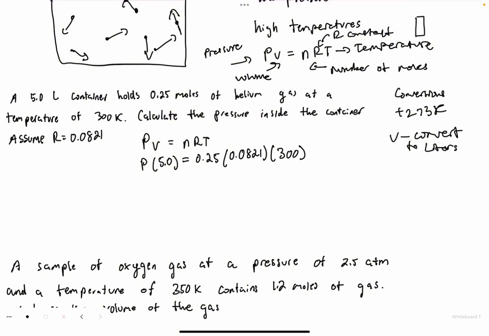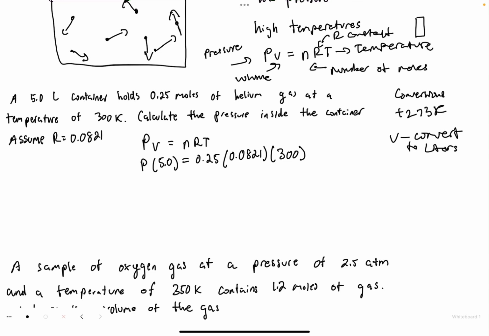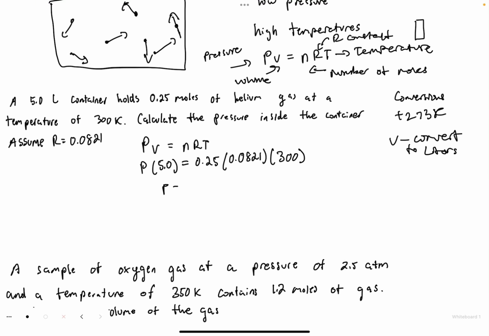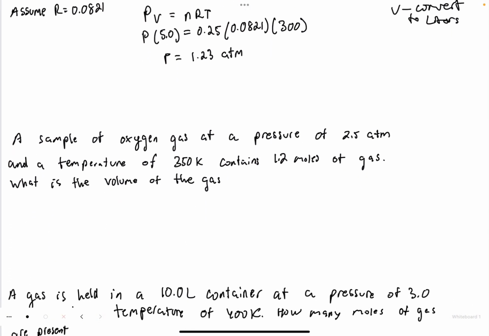To solve for that, just plug it into the calculator, dividing that value by 5.0 to get roughly 1.23 ATM. So that's the first question. These questions aren't really that difficult. It's really just about the process.